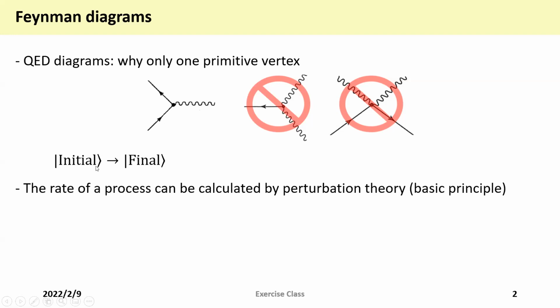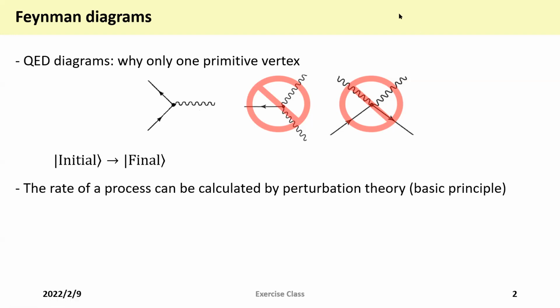That means we want to know how likely the initial state will transit to the final state. This is calculated by the so-called perturbation theory, which is a subject in quantum field theory.